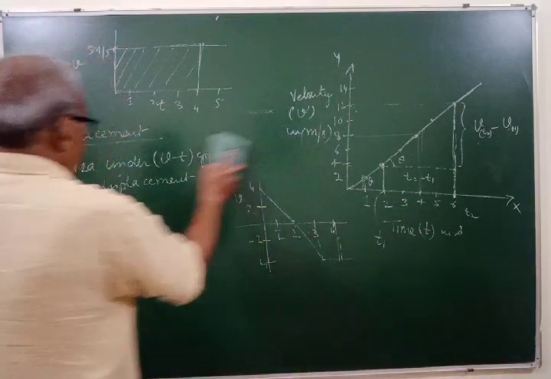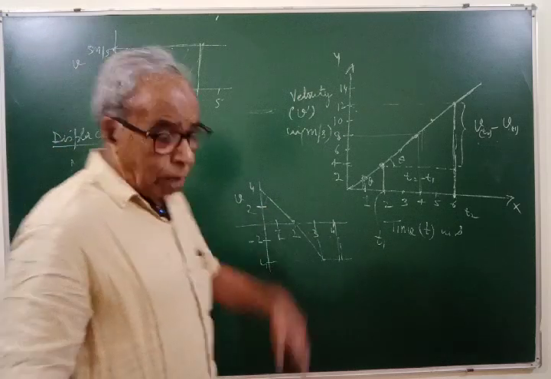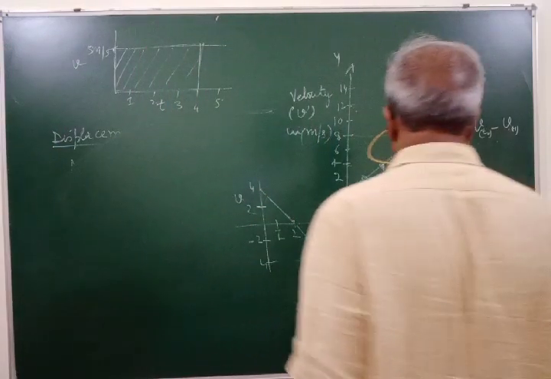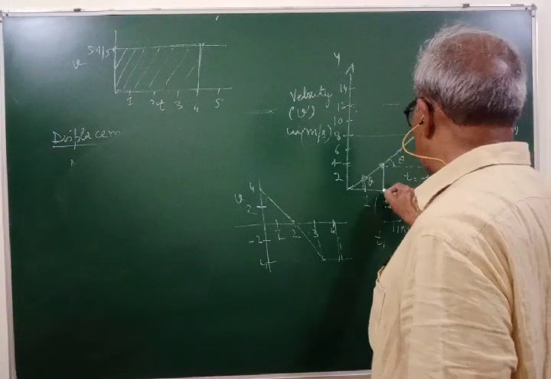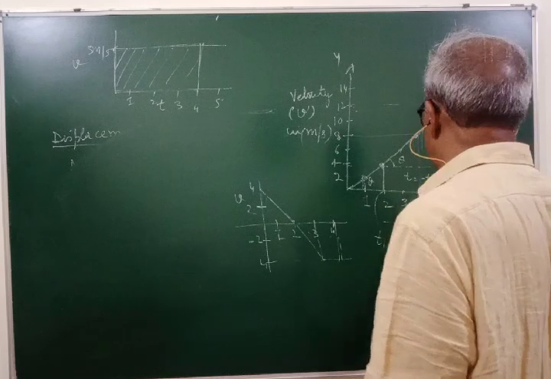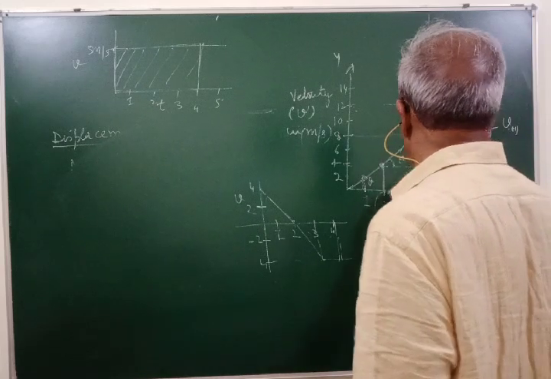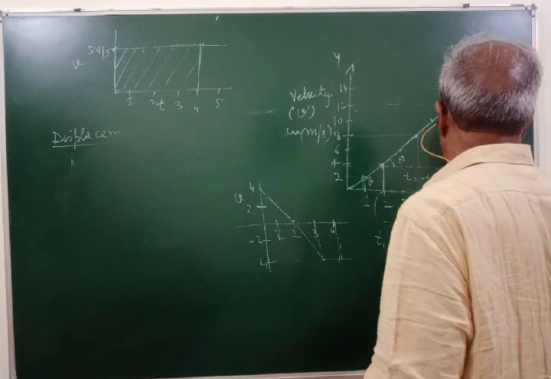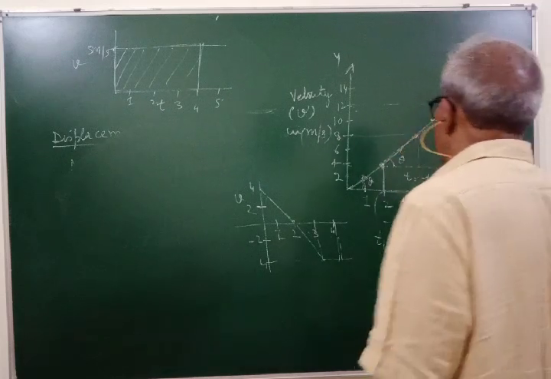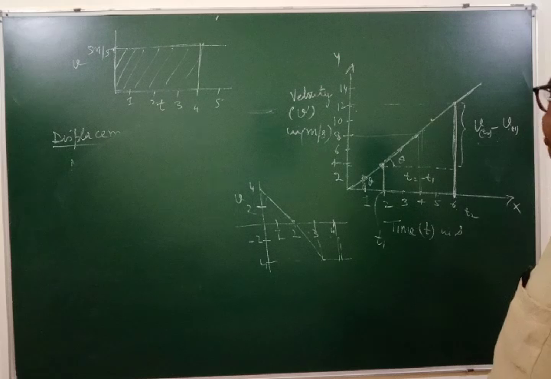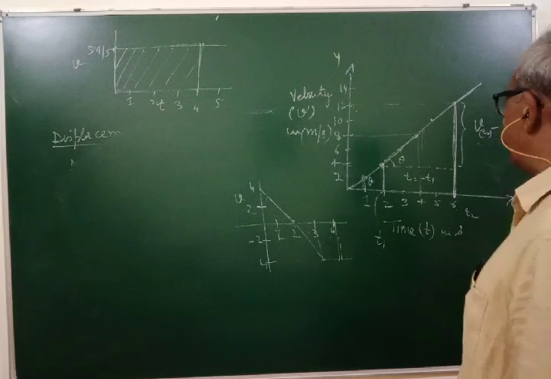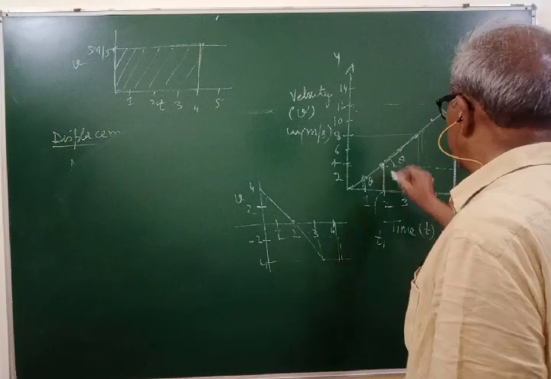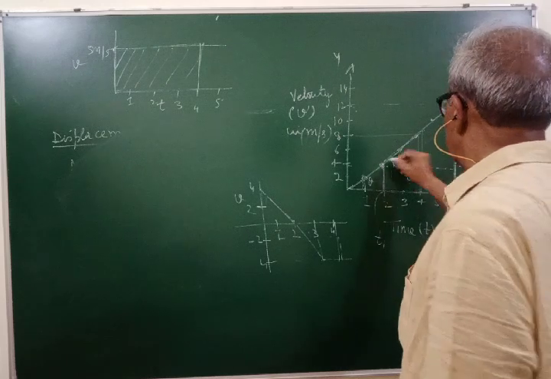Okay. Now suppose in this graph you want to find out displacement in time interval T1 to T2, that is T2 minus T1. So here this area under the graph, this is the area under the graph. How to find this area? There are two methods. It is a trapezium.